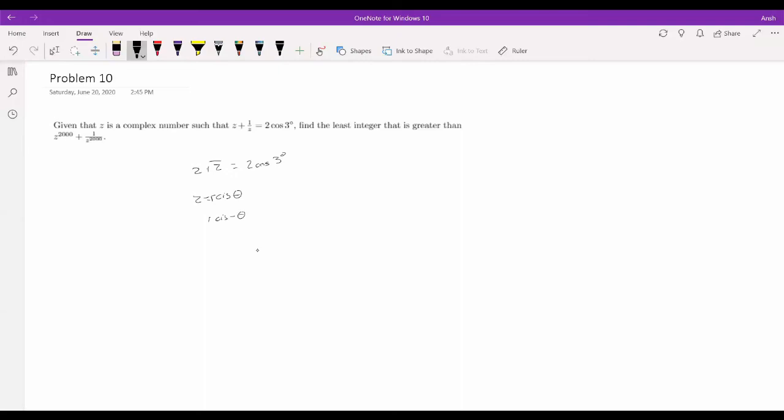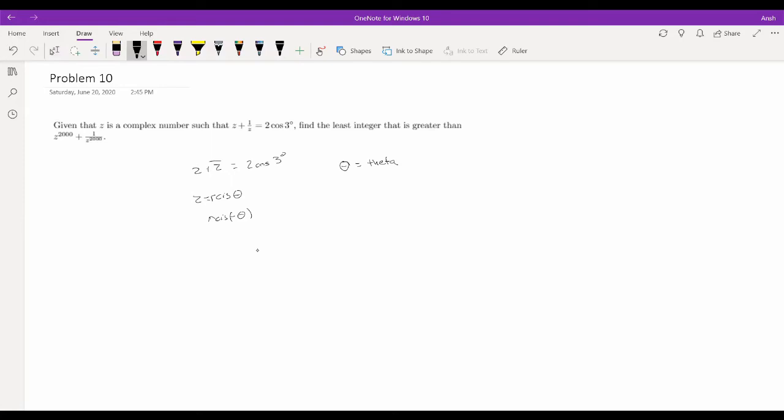And the sine of negative theta is equal to negative sine of theta. So when you add them together, they cancel out. So if you add z and the conjugate of z together, all that's left is 2 times r cos theta. And it is always real because the conjugate has the opposite imaginary part as its original number.